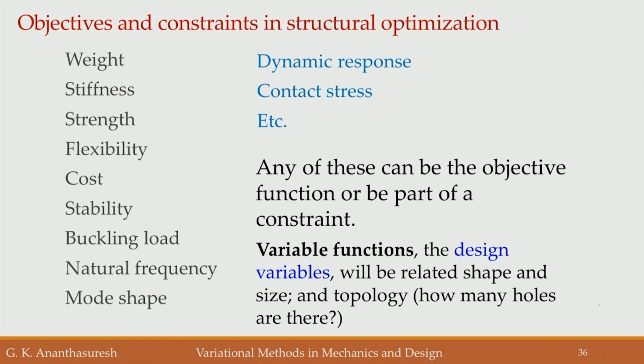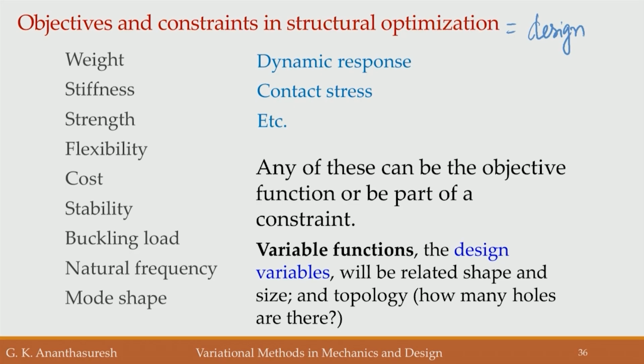Now, moving on to design or structural optimization. Structural optimization is structural design. In this class, we are focusing on mechanics as well as design using variational methods. When you think of a structure, there are a number of things that we might want to optimize for. You want to minimize the weight or volume of material or cost, and stiffness you want to maximize most of the time.